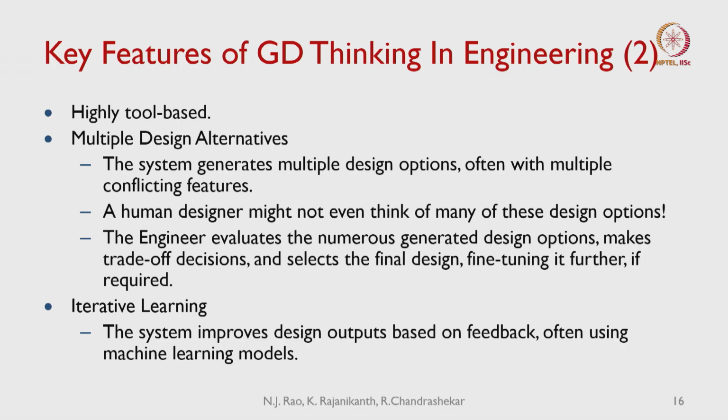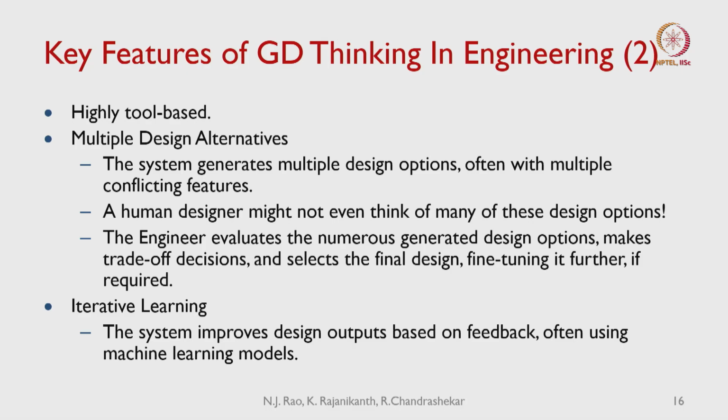So, multiple design alternatives exist. The system generates multiple design options, often with multiple conflicting features. That is also possible. Machine learning allows these kinds of things to be developed. A human designer might not even think of many of these design options.